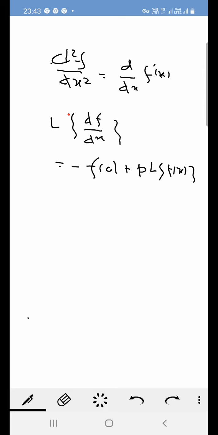We actually intend to use this expression, so that is why we write d square f by dx square as d by dx of f dash x.